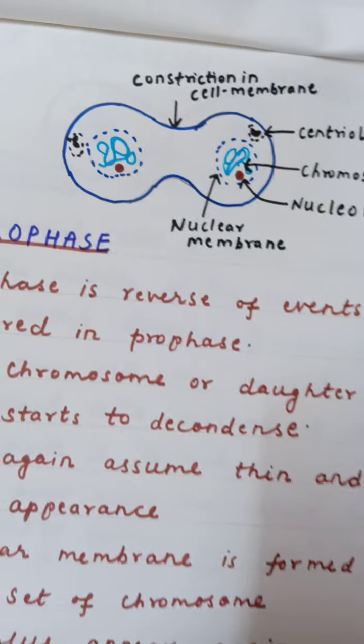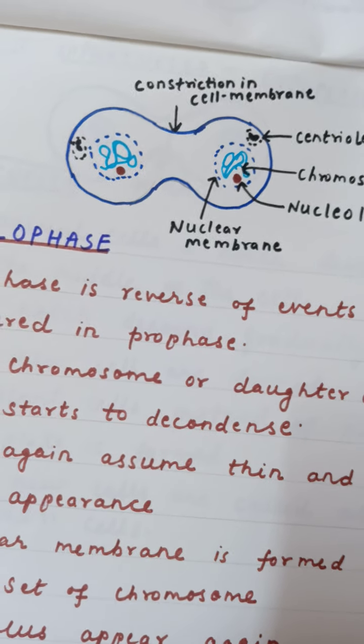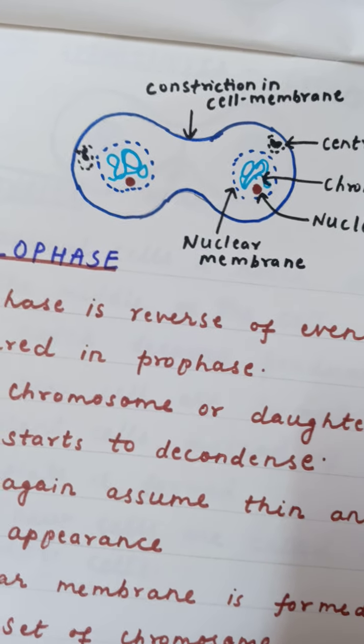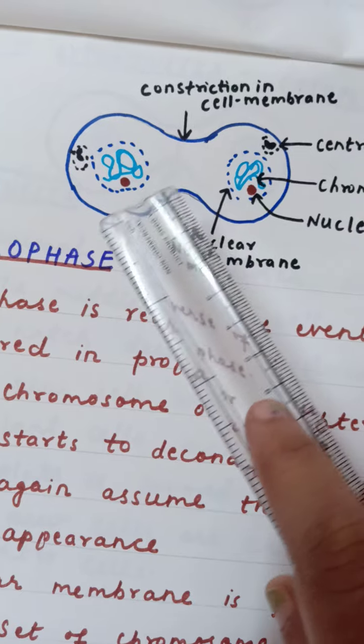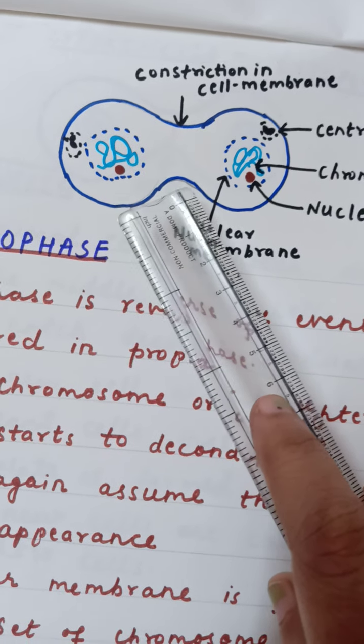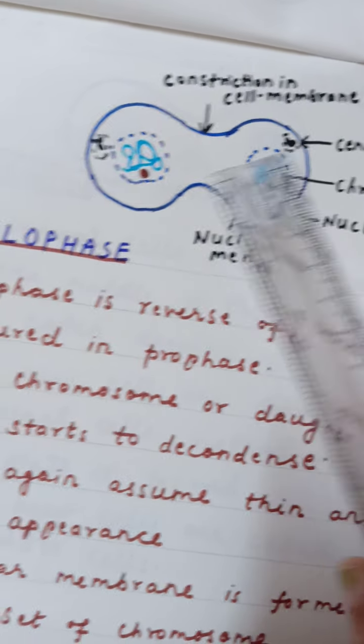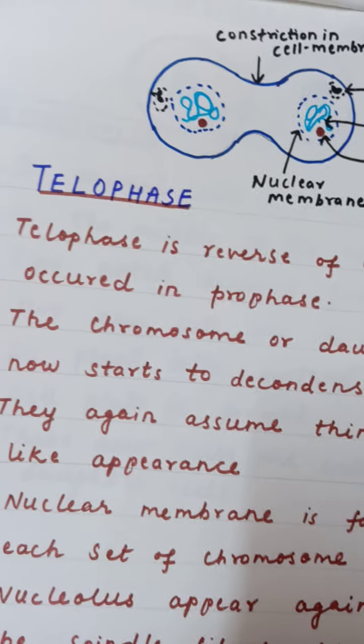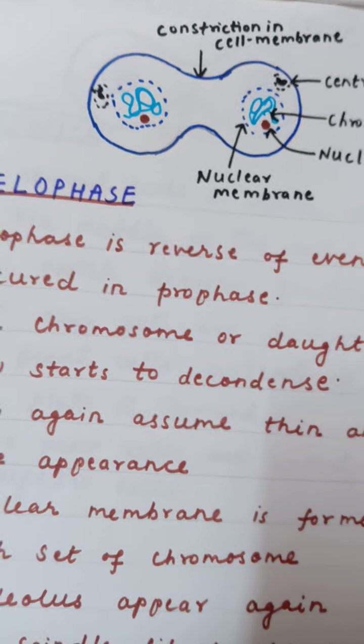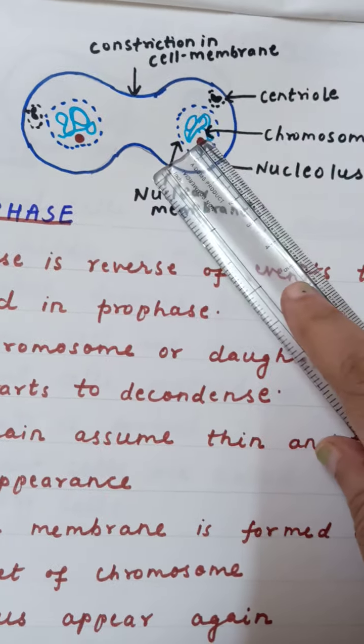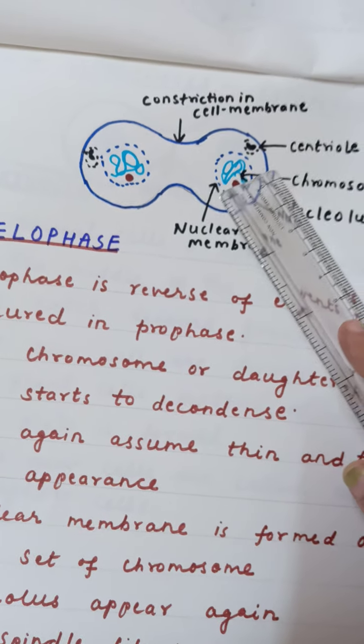What happens during telophase? During telophase, the daughter chromosomes start to decondense. So telophase is the reverse of the events that took place in prophase. What happened in prophase?